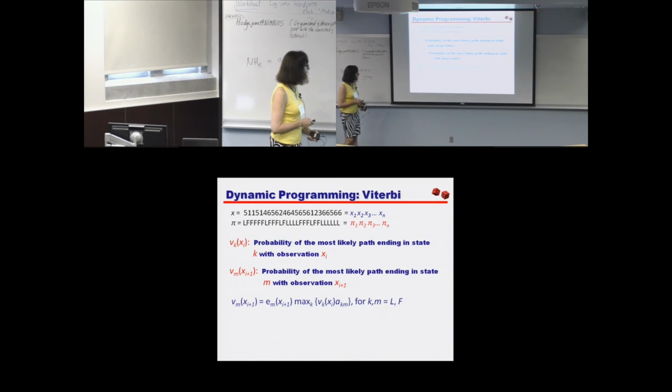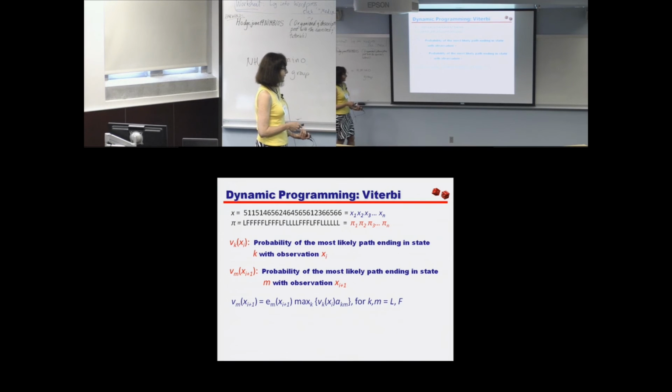So let's see why. If I want to compute the probability of the most likely path that ends here in a state M, where M can be loaded or fair, with an observed value this, well, I have a couple of ways of getting there.